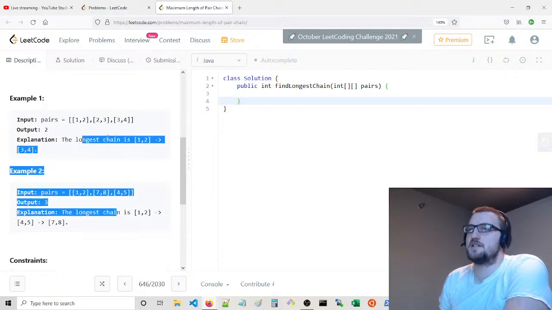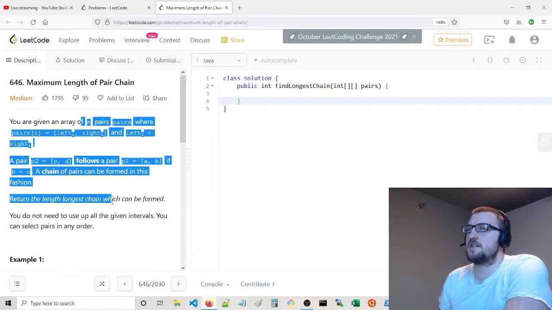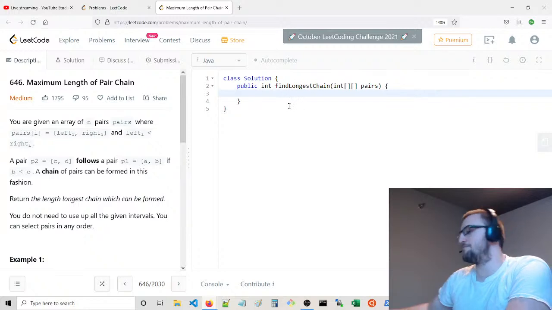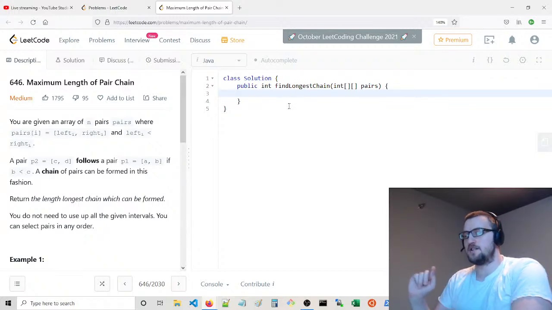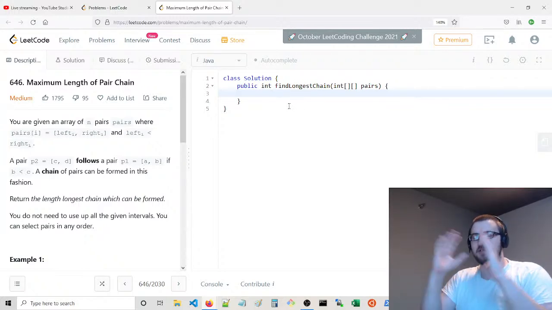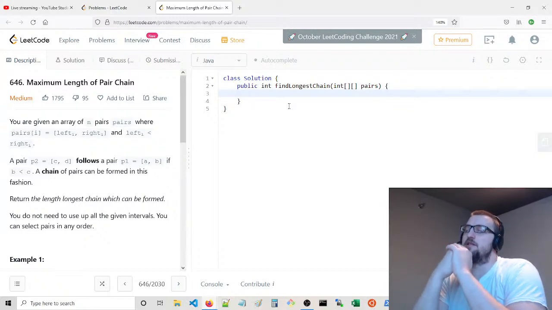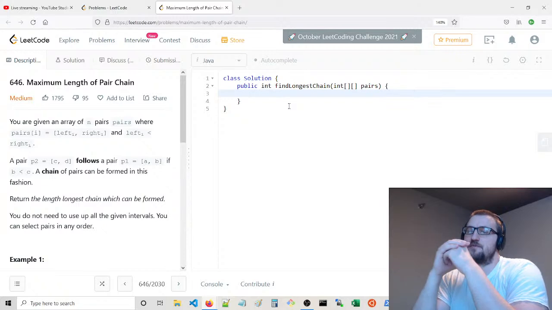What they're saying is you're given a set of intervals, like a timeline of a whole bunch of different intervals, and they want to know what's the largest non-overlapping subset of these intervals, where they all are not overlapping with each other.